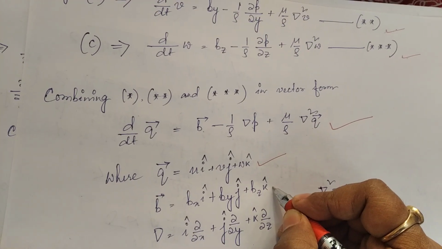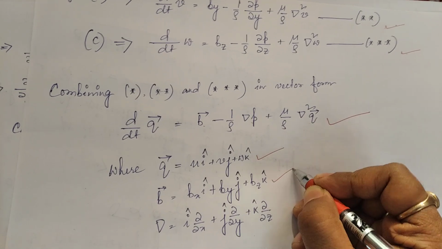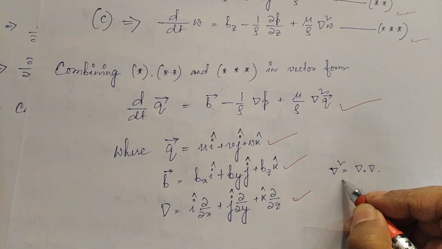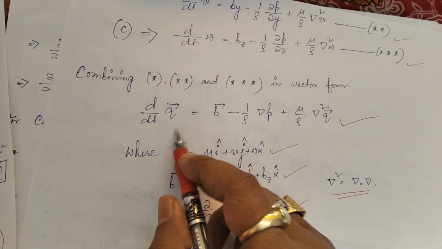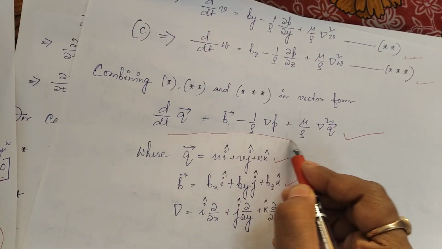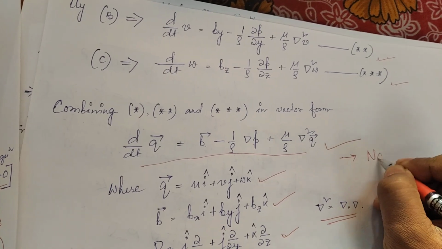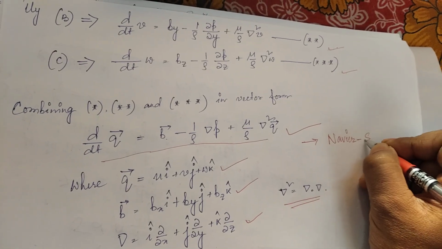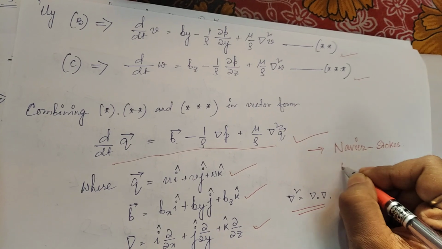B bar is the body force per unit mass, and it has three components. Del is our nabla, and del square has this expression. This simplified equation in vector form is known as the Navier-Stokes equation.